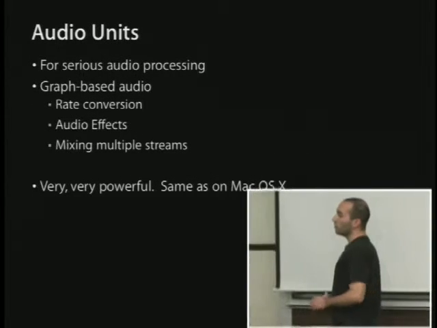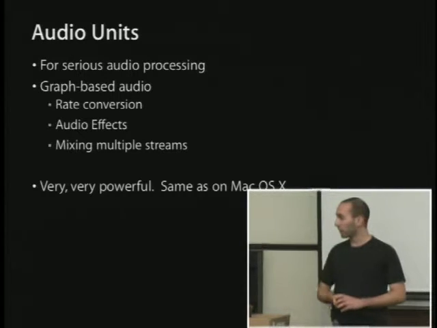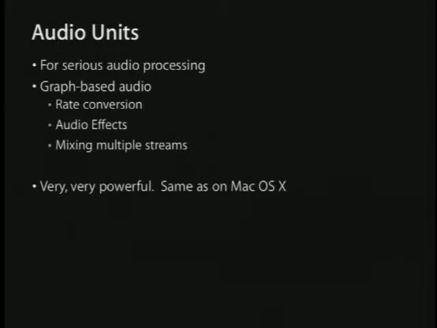Now audio units is another way of doing audio processing. Audio units under the hood is what a lot of studios and professional applications use for audio processing. The parallel to audio units in the real world is studio equipment, right? Music equipment.